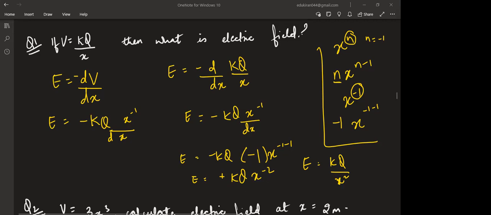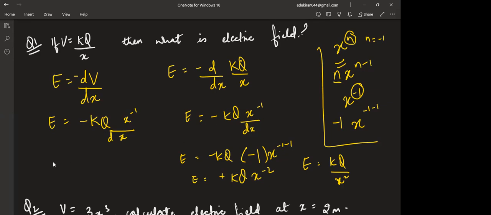Faiza, when we differentiate, initially dx is there just to show you that you are differentiating. Now when you have used the formula of differentiation, dx is not there, because that was just a function to differentiate.